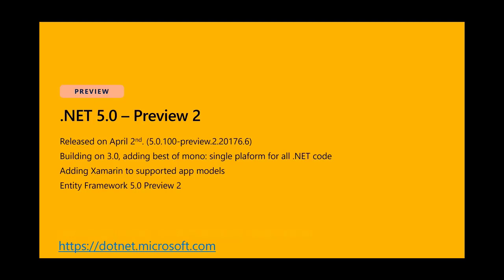It's building on 3.0, so everything you have in 3.0 plus the best of Mono, and you'll have a single platform for all of your .NET code, including Xamarin. So Xamarin will be a new app model that's supported there.